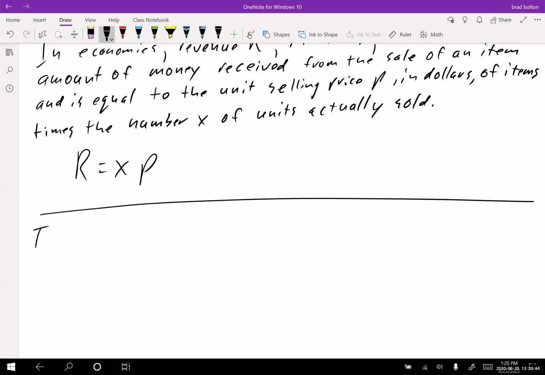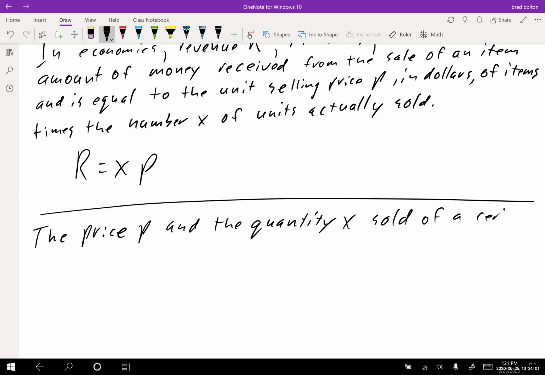So it says the price P in dollars and the quantity X sold of a certain product obey the demand function.